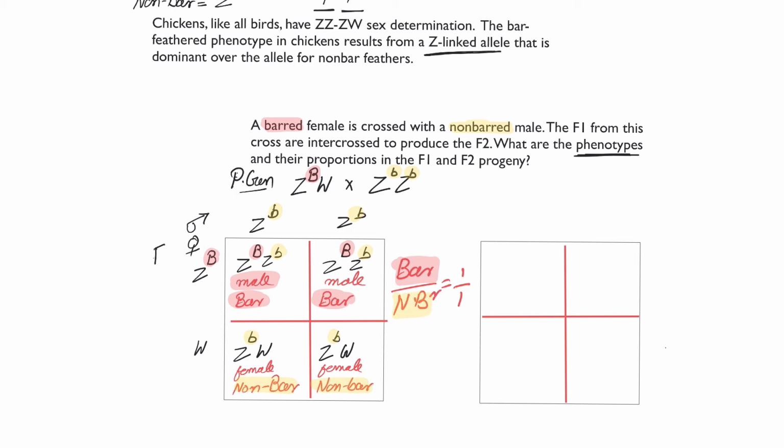This was the F1, the first batch of progeny, right? The F1 phenotypes are: all males are barred, all females are non-bar, and they have the ratio 1:1. Now a cross is supposed to be done between them, right? So let us go right towards that.